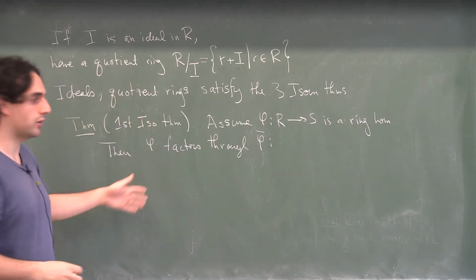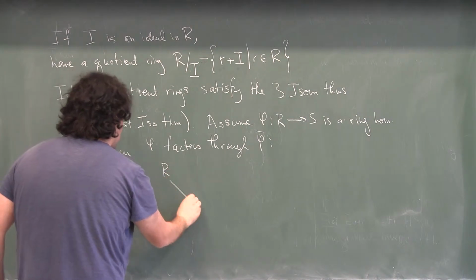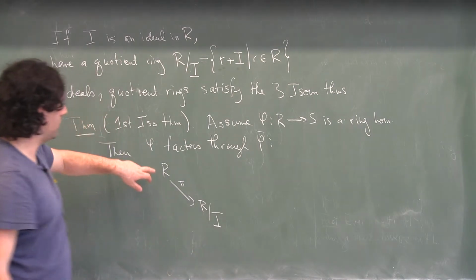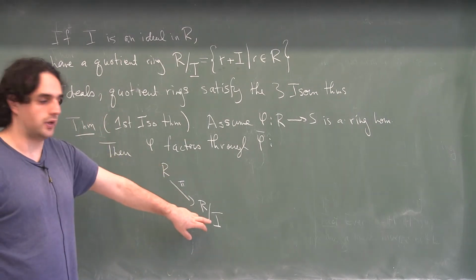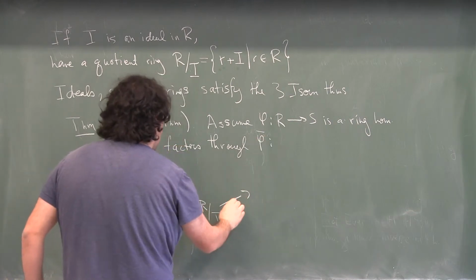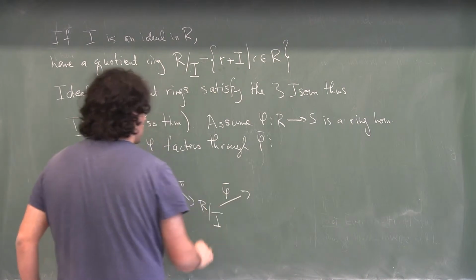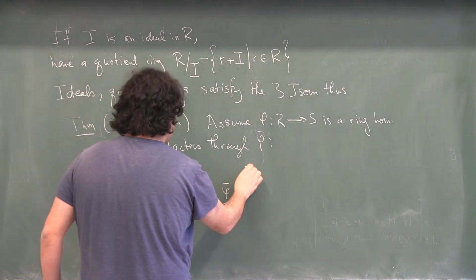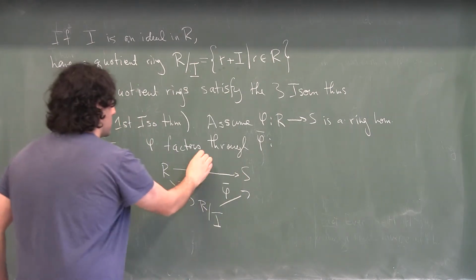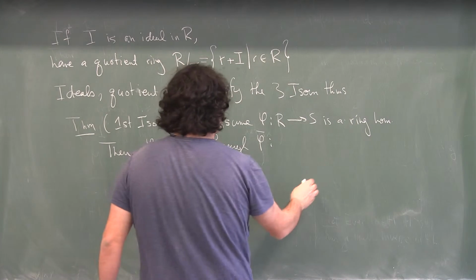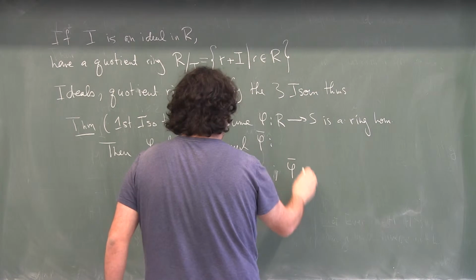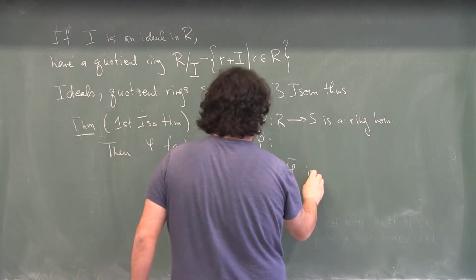Remember we had one of these diagrams for groups. So I have R projecting by the projection to R mod I. This sends an element r in R to its coset r plus I. And then I continue by this map phi bar, whose existence I am asserting, onto S, like this. So this is phi, and then I'm saying that phi bar is injective.